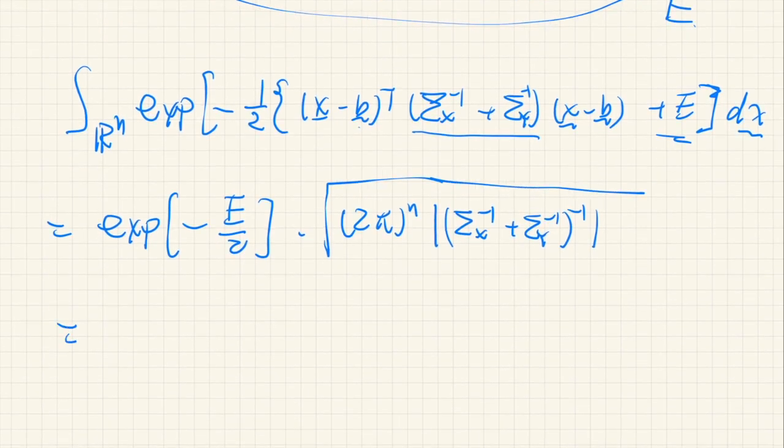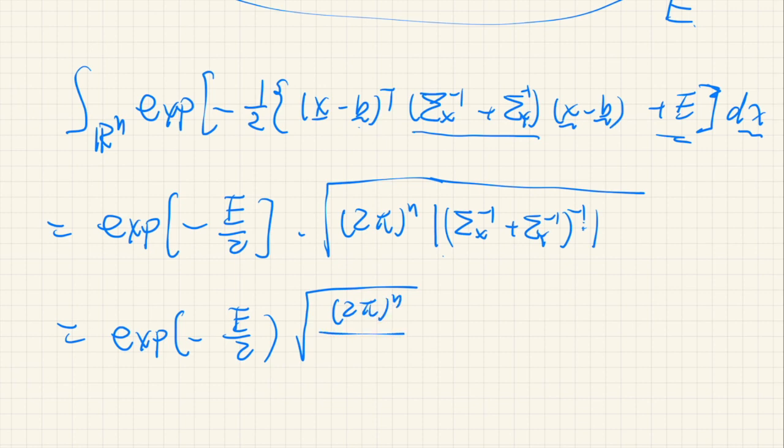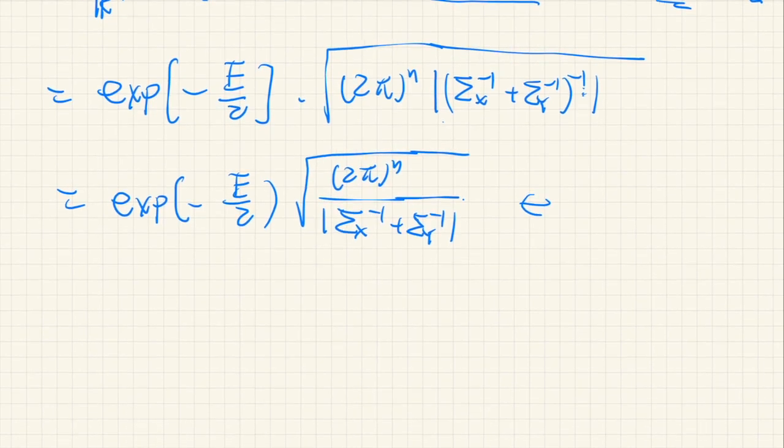But the determinant of an inverse is the inverse of the determinant, so that is square root of 2 pi to the power of n over the determinant of sigma x inverse plus sigma y inverse. That's it.